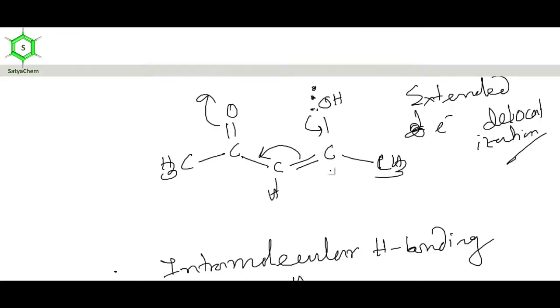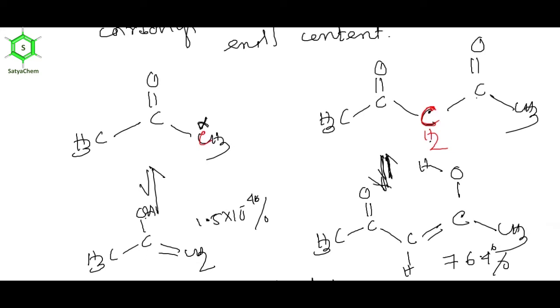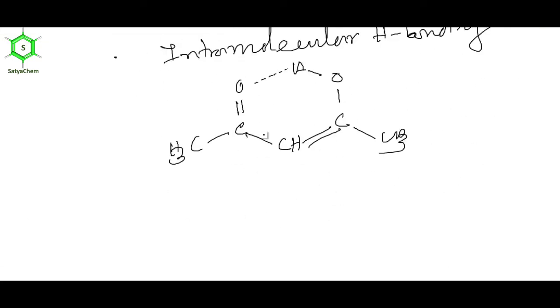The name of this compound is acetyl acetone, because this part is acetone, and another acetyl group is incorporated on the alpha carbon of acetone. Clear? So there are two reasons why the extent of enol content increases.